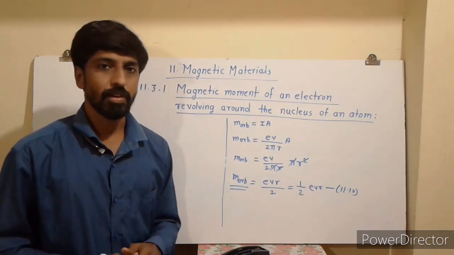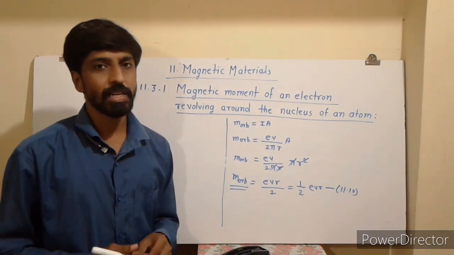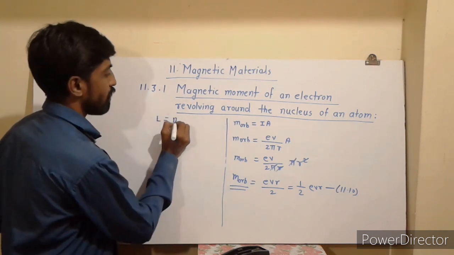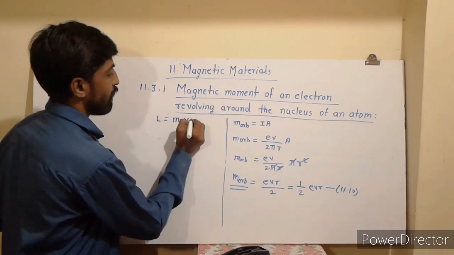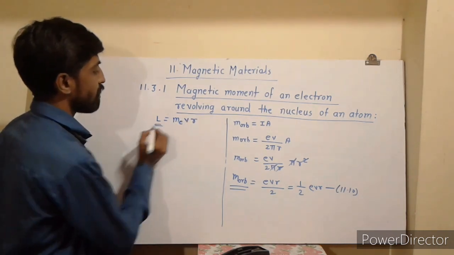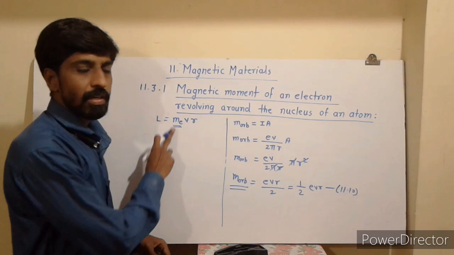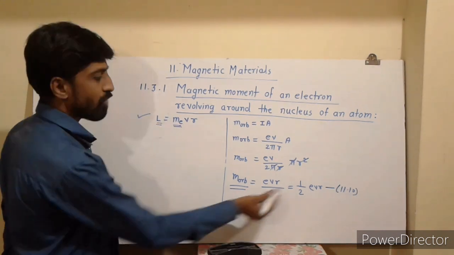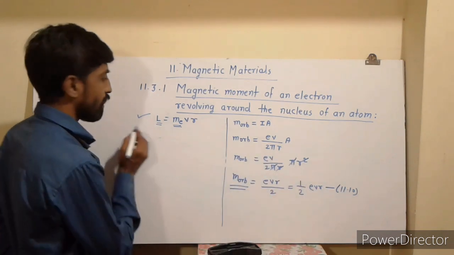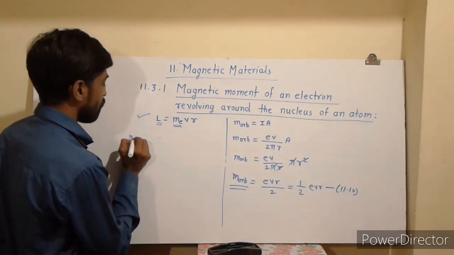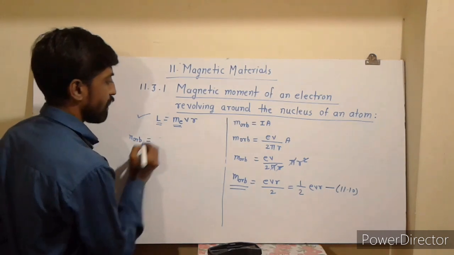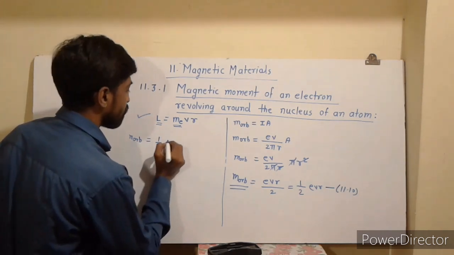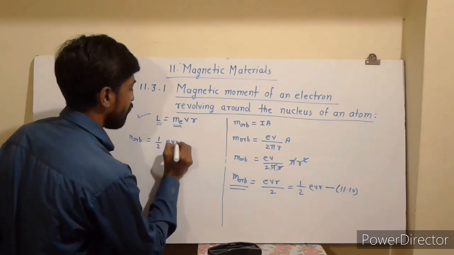For this electron, the orbital angular momentum is L is equal to m e v r. This is the formula for the angular momentum. Here m e is the mass of the electron. We have to take equation 11.10. So therefore it is equal to half evr.